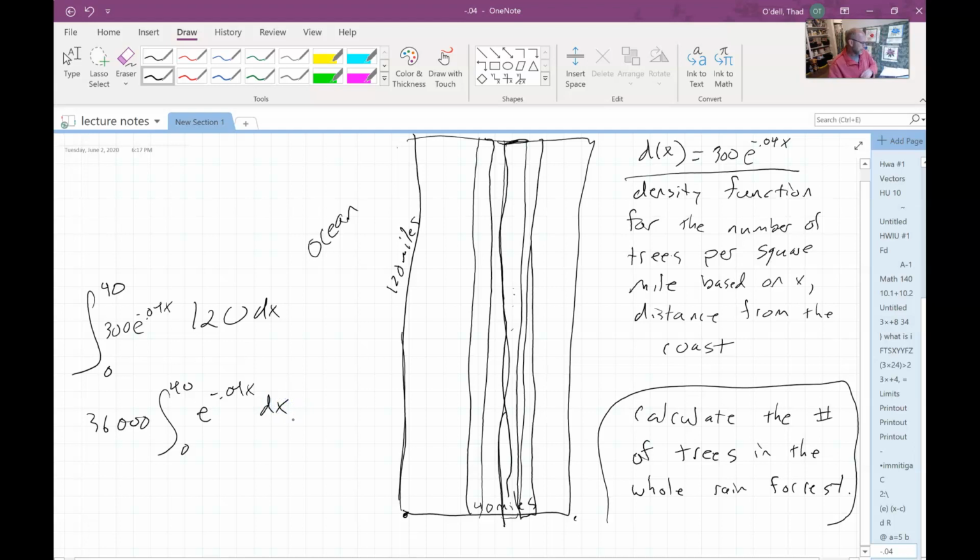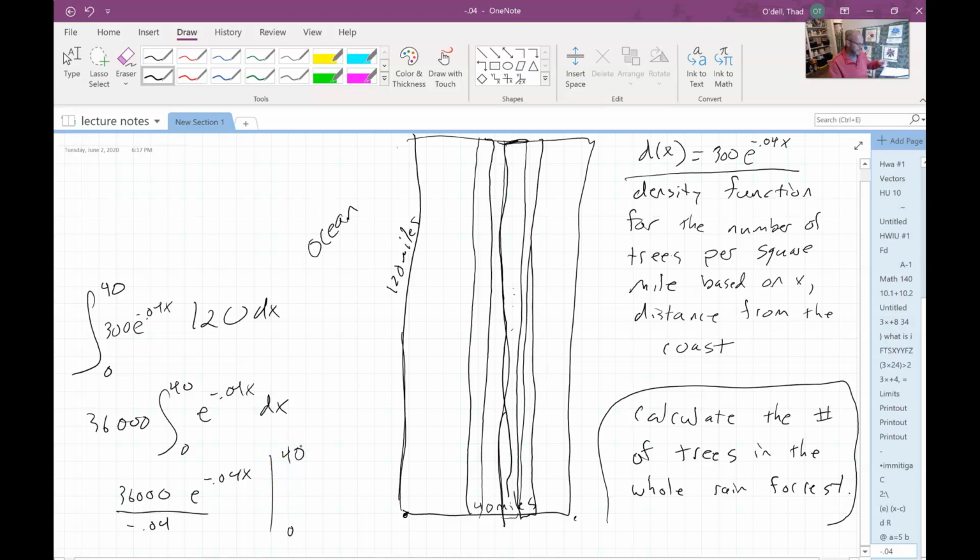If we integrate that, we get 36,000 times e to the negative 0.04x, but the derivative of the exponent would kick out an extra negative 0.04, so we need to divide this by negative 0.04. And we're going to evaluate that from 0 to 40.